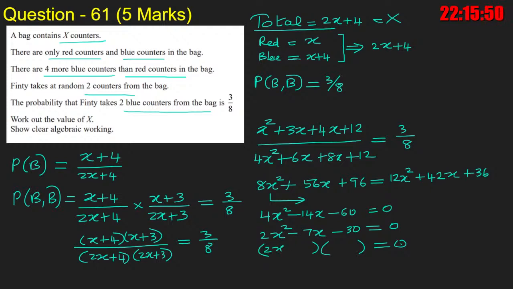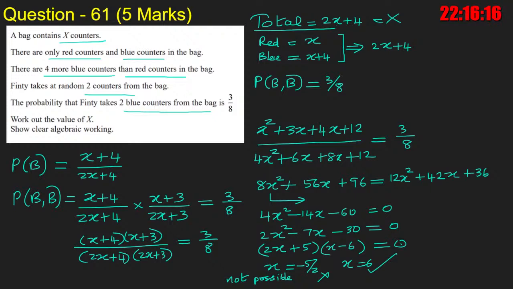So 2x plus 5 and x minus 6. So x is the negative 5 over 2, or x can be 6. I'll put a tick for x equals 6. That can't be a negative number, so it is not possible. X equals 6 is correct.